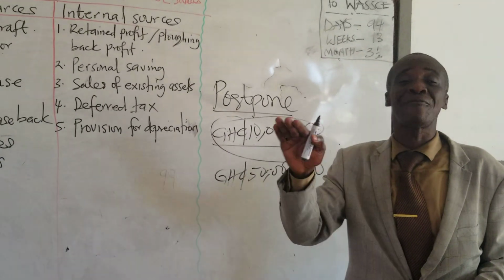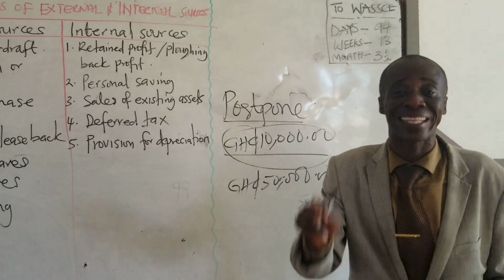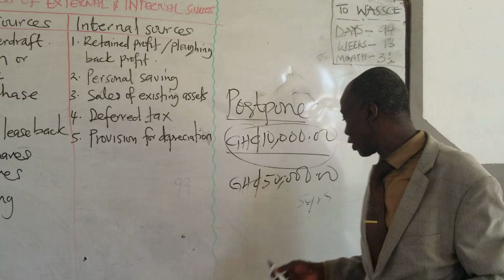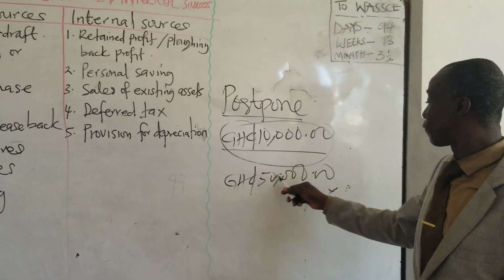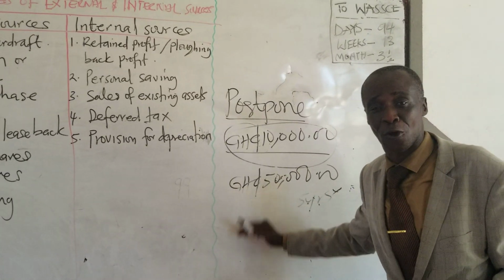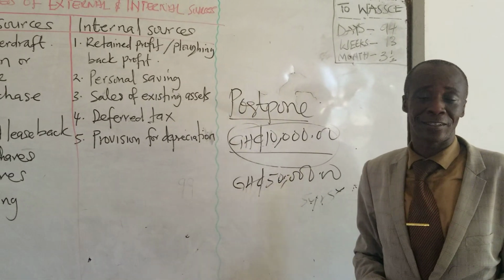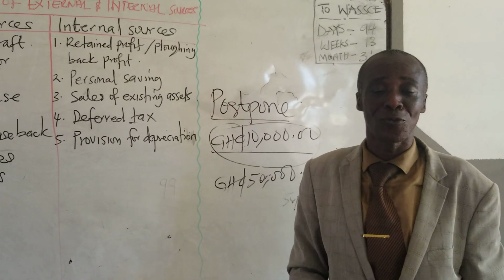So every year the value of the asset will fall by 10,000 Ghana cedis, because 5 times 10 is 50.